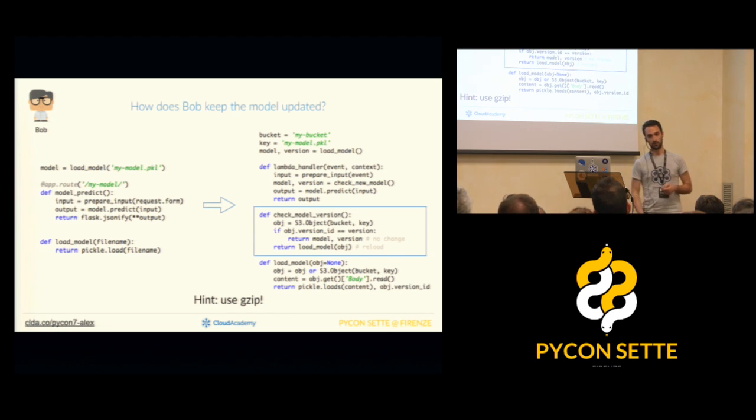So I check if there is a new model. If there is one, I just download it and use it for the very next invocation. No downtime, still super high scalability. If Lambda was serving 100 requests per second with 5 containers, they will all get updated automatically.